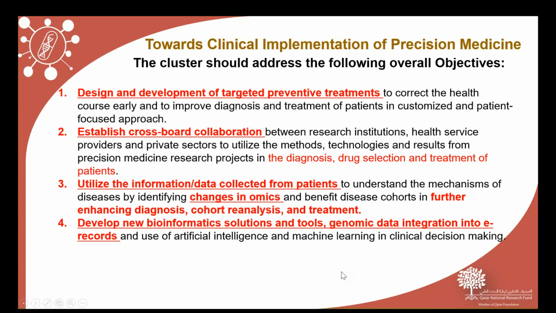The overall aim, as we said, is to lay the foundation for a hub in precision medicine, translational research per se, which will be utilized in a systematic way for clinical decision making, and it can be applied directly to patients to improve the health and medical sector.